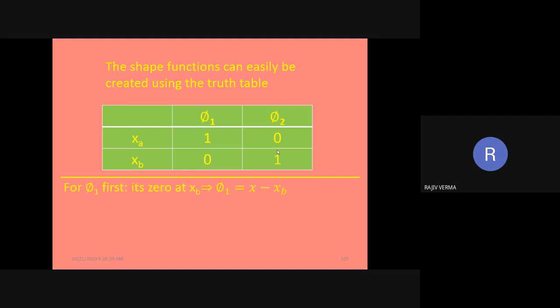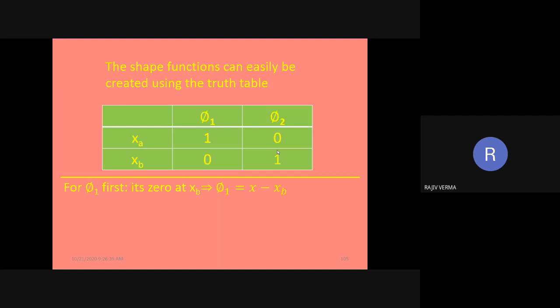So we are deriving the shape function of node number 1 first. Phi 1 is supposed to be 0 at xb. Therefore, the expression of phi 1 is going to be x minus xb. Obviously, this particular expression is 0 at xb.